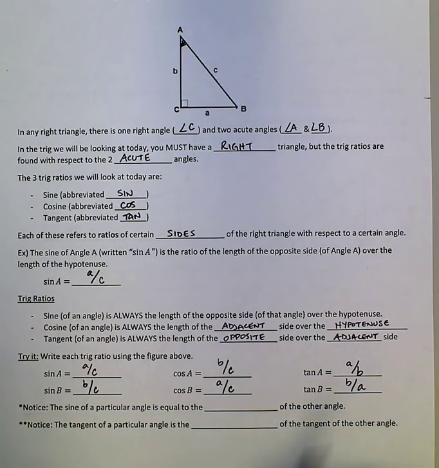Notice that the sine of a particular angle is equal to the cosine of the other angle. Sine A, A over C, is always the same as cosine B, the other angle.